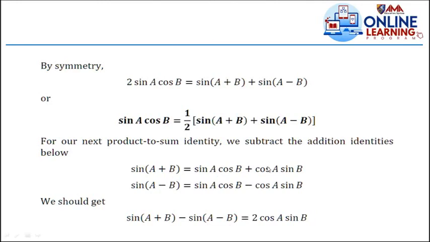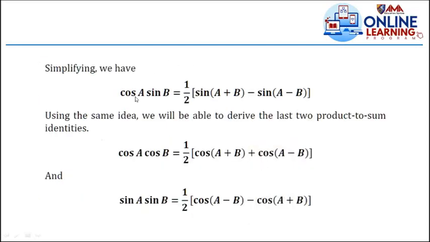When you add these two, we have 2 cosine A sine B. That is where the simplification comes from. Simplifying, we have cosine A sine B is equal to 1 over 2 sine A plus B minus sine A minus B. Using the same idea, we will be able to derive the last two product to sum identities.